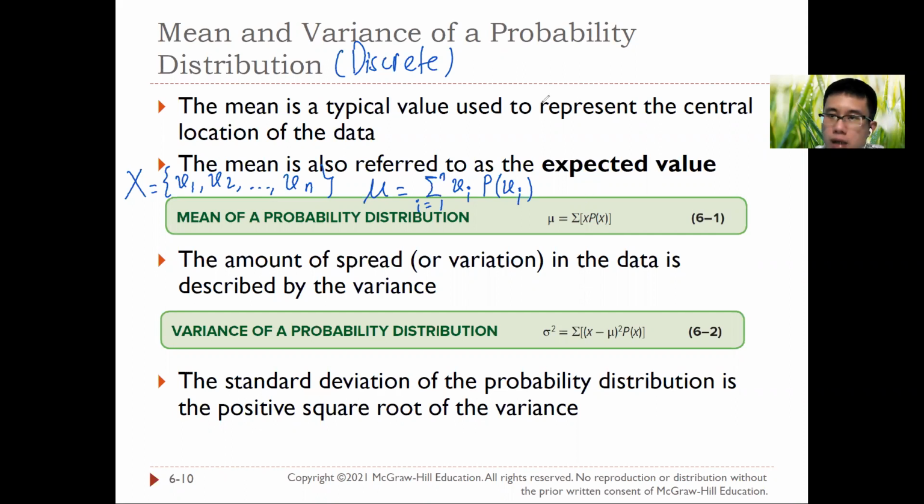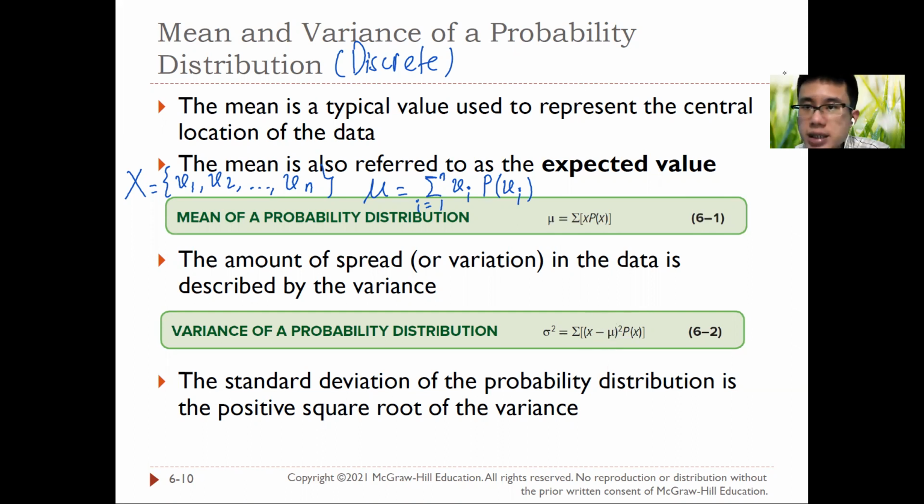And then to measure the variation or the spread of the data, we define the second quantity, the variance of the probability distribution, with symbol sigma square. It's defined to be the sigma of open bracket x minus mu, where mu is the mean. We square this term, and then we multiply with the corresponding probability.